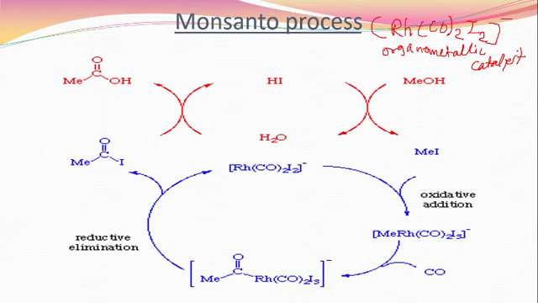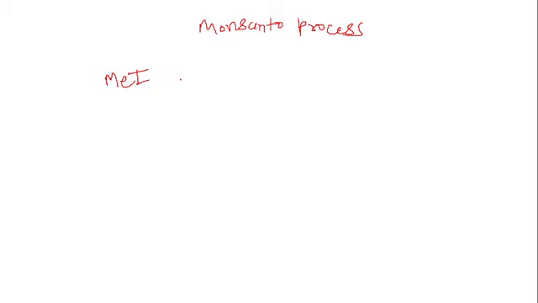So let's start to understand the Monsanto process. This Monsanto process is useful for the conversion of MeI, that is methyl iodide, to methanoic acid, MeCOOH, in the presence of the catalyst Rh(CO)2I2 minus, diiodocarbonyl rhodium minus.